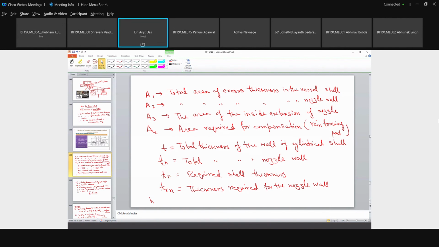So A1 is the total area in excess thickness in the vessel cell. A2 is the total area in excess thickness in the nozzle wall. A3 is the area of the inside extensions of the nozzle, and A4 is the area required for the compensation, that is the reinforcing pad, compensation ring, whatever.